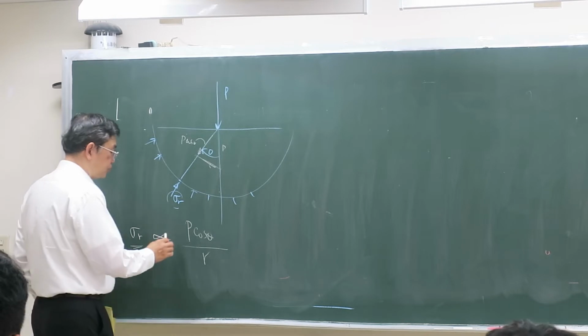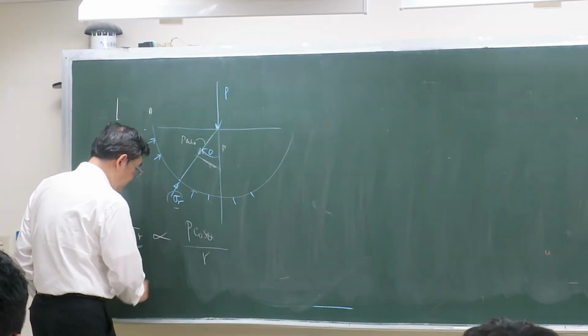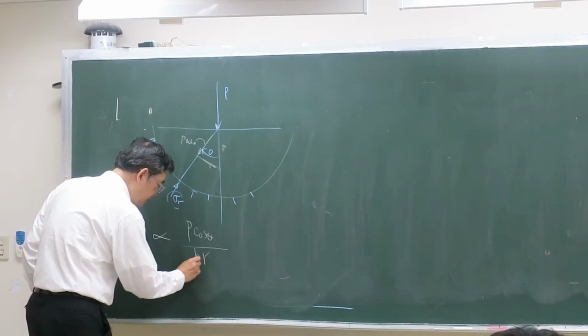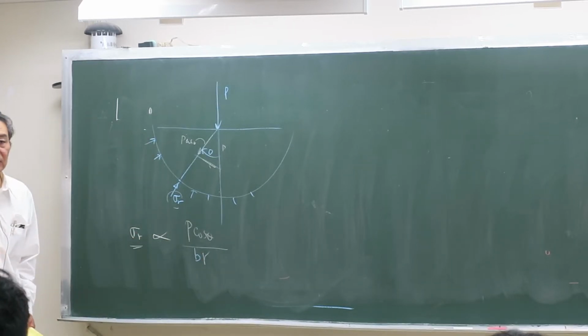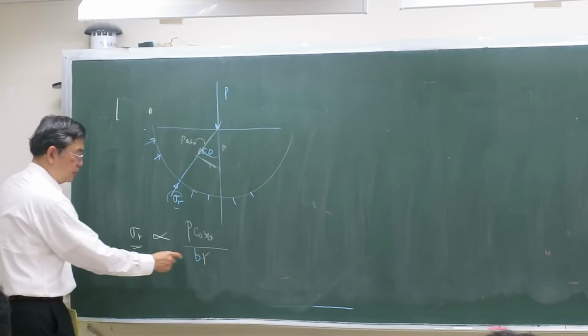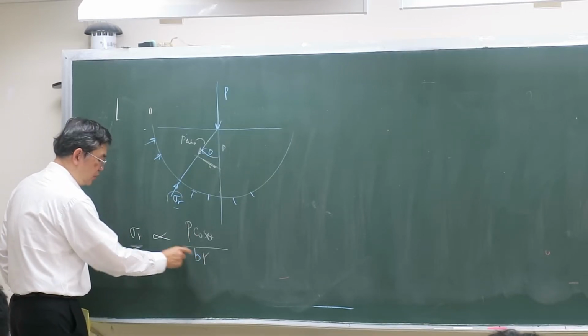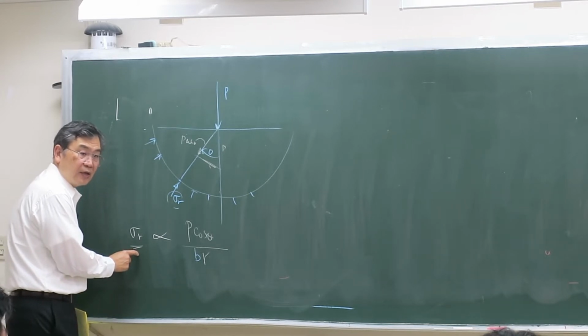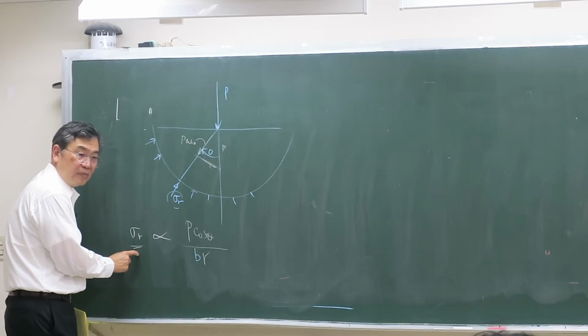And this is blocking, so it's better for me to multiply by another dimension, thickness. Okay? Create an area, and P over area is a stress unit. So this is my estimation of my sigma R.